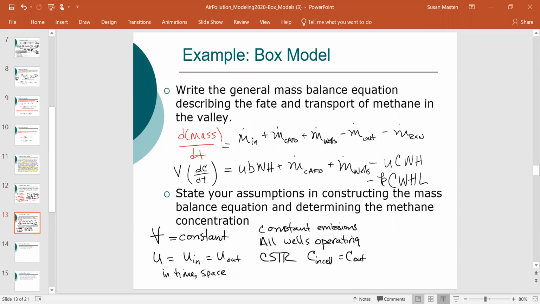And we're going to assume that my mixing height is constant over the time studied. So basically my inversion layer isn't lifting. Any other assumptions we should add here? Thoughts on assumptions?